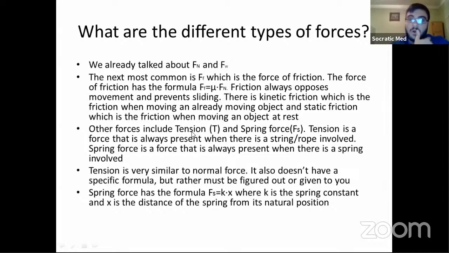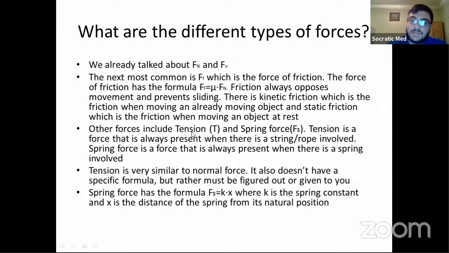So friction always opposes movement and prevents sliding. Like I mentioned earlier, if you take a box and slide it on the floor, eventually it'll come to a stop. Normally this would violate Newton's first law, but it doesn't because there's a force of friction that acts against the box. It's the floor acting against the box, going in the opposite direction to prevent it from sliding further.